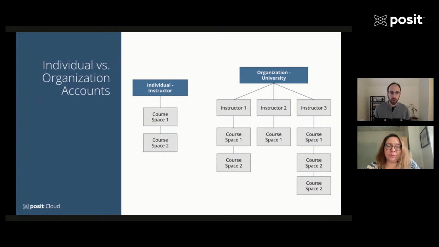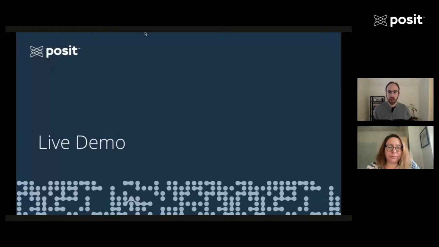If you are part of a wider group within your institution or university, we have organizational accounts where there can be central management of the instructors that you would like to have part of that. This means centralized billing and also the ability to monitor and see who's doing what in which space.